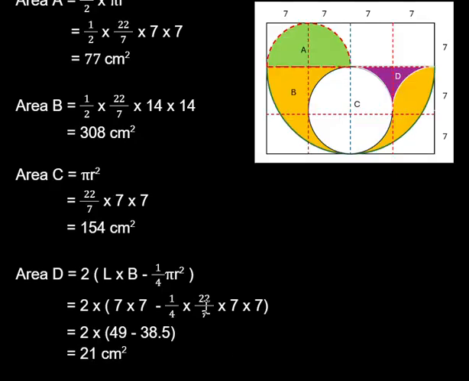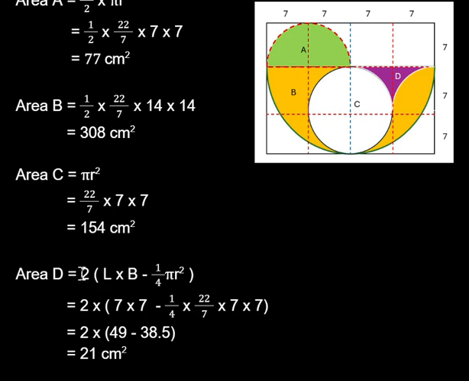Okay. Now, to find the area D, what I'm going to do is take a square and subtract away a quarter circle. So a square, subtract the quarter circle. I have this small little part that is the purple color here. Since D consists of two sets of this, I'm going to multiply by 2 and that will give me the answer straight away.